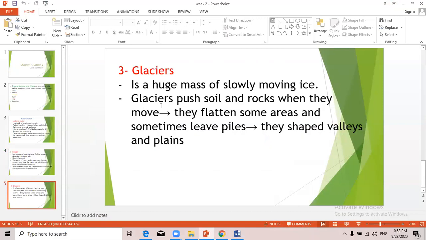When glaciers or the ice move, they push soil and rock together. When they move, that helps flatten some areas, and sometimes they leave piles. Okay, and of course that helps in shaping the valleys and the plains. So how do glaciers happen? Let's see.